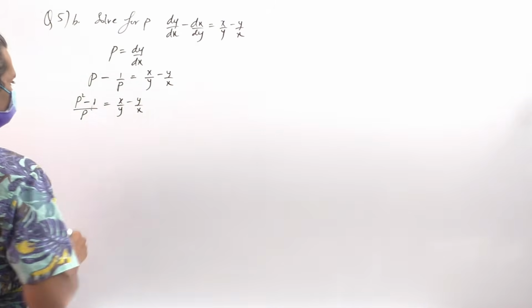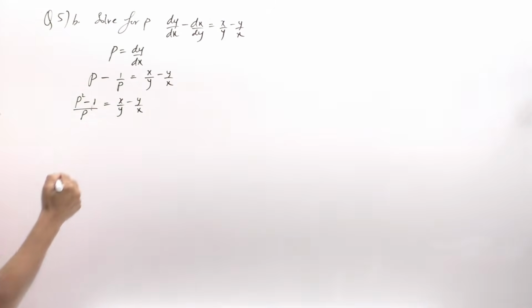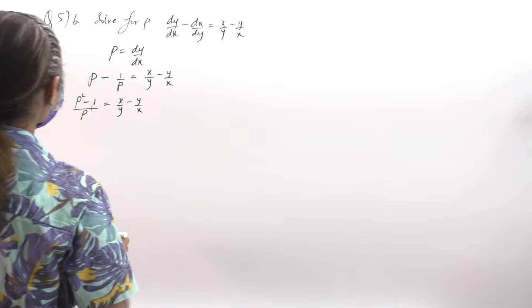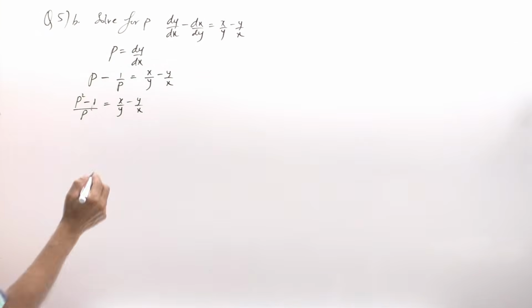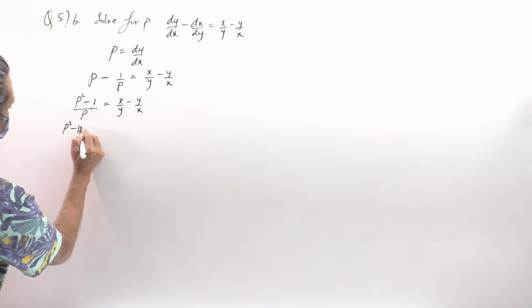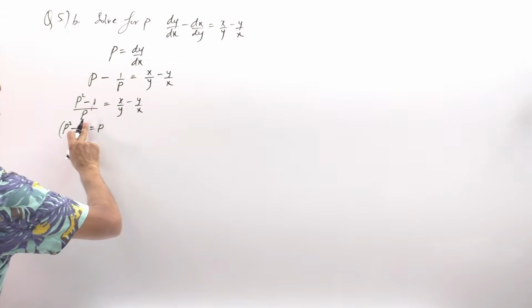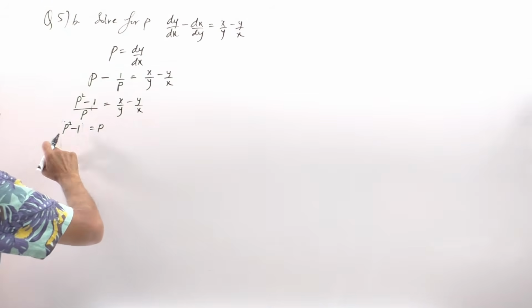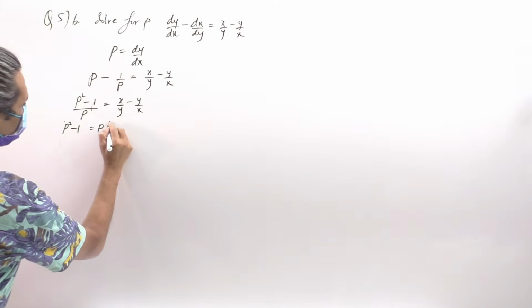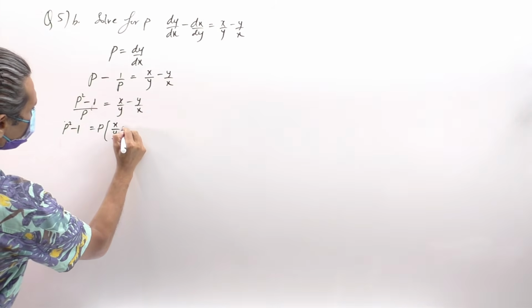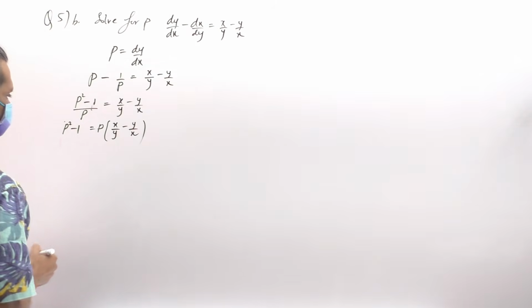So usually the solution for p is obtained by converting to a quadratic equation. So p square minus 1 is equal to p into x by y minus y by x.